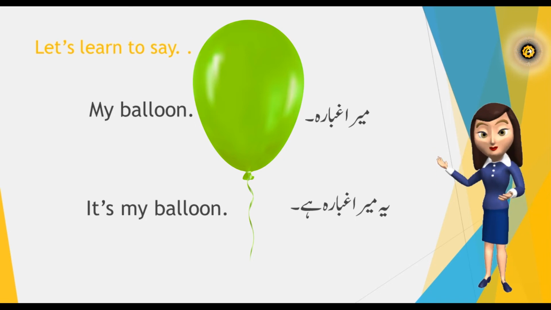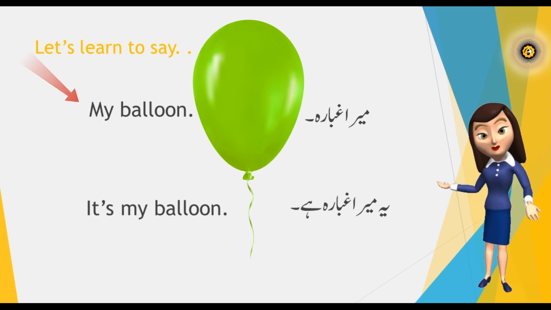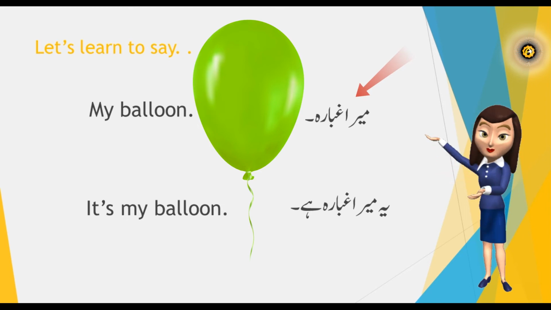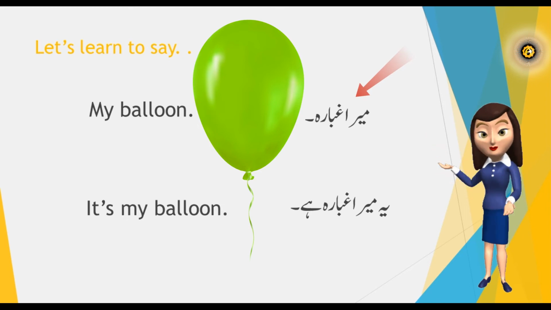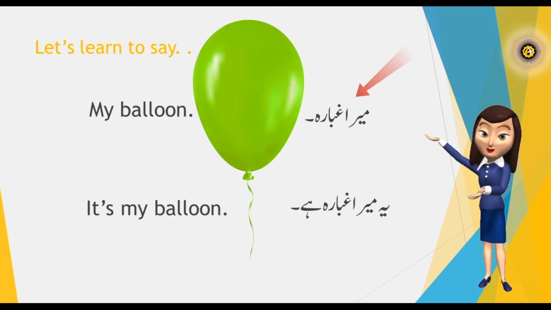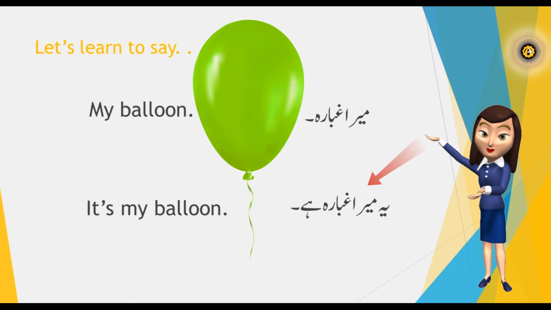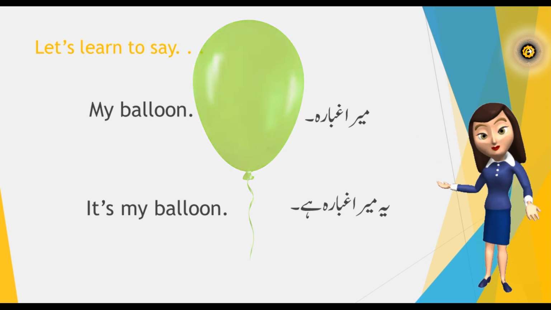Okay? Let's repeat one more time. My balloon, मेरा गुब्बारा. Remember, it could be anything you are telling about, okay? That thing can replace balloon. Then we say it's my balloon, and in Urdu it is ये मेरा गुब्बारा है. Repeat and practice well, okay?